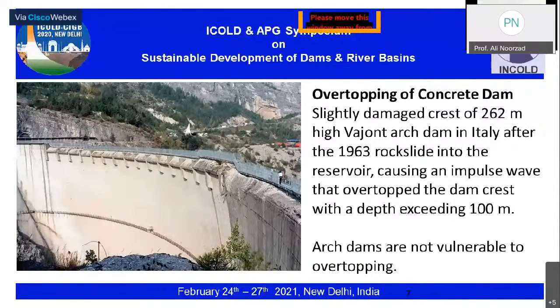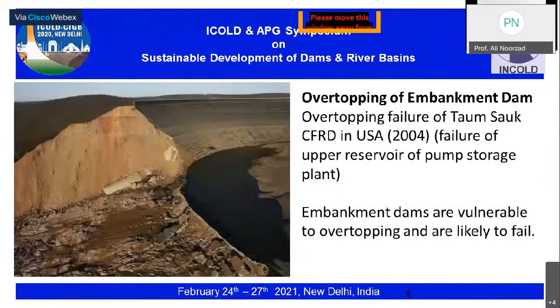As you can see from this recent photo, not much has occurred to the dam crest, except here at the left bottom, where we have some local damage at the crest. In general, we can conclude from this experience, if you have overtopping of large arch dams, basically these dams will not fail, as this example has shown.